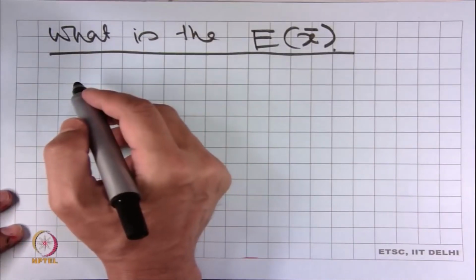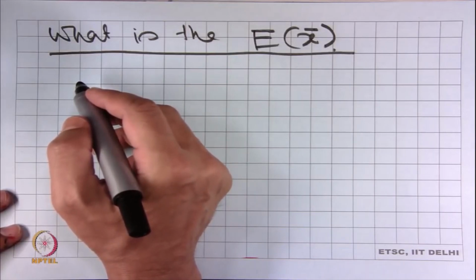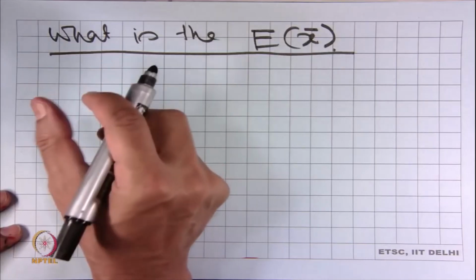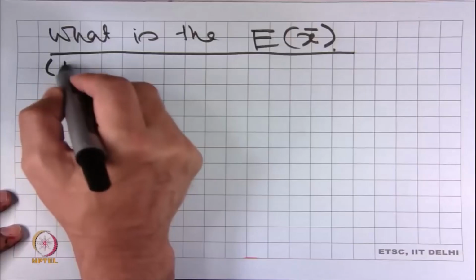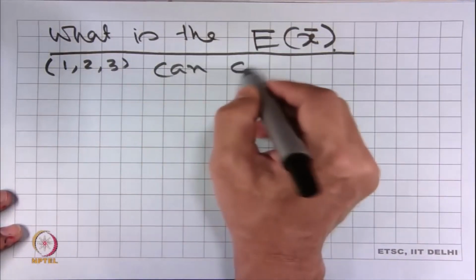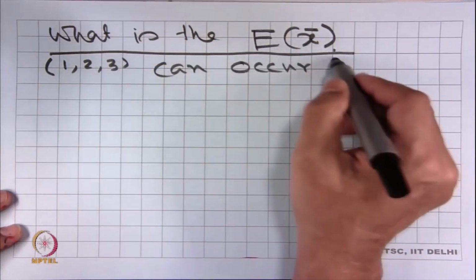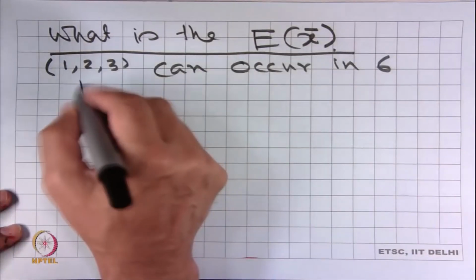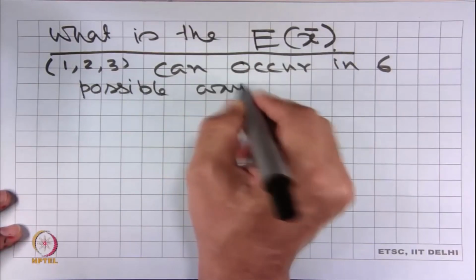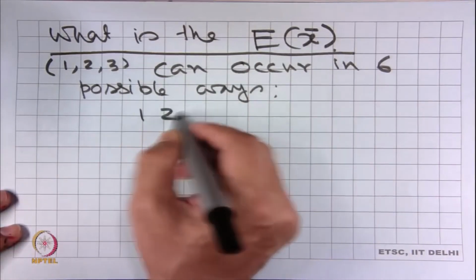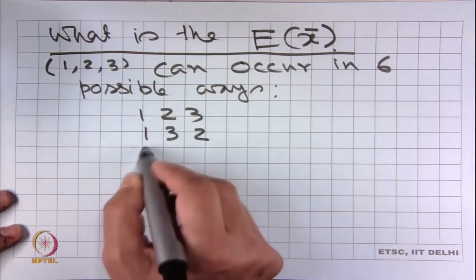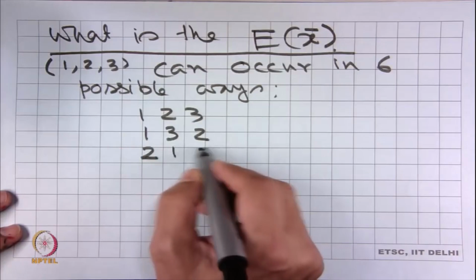We know that when we are sampling without replacement, the same triplet 1, 2, 3, suppose, can occur in 6 possible ways, because of the permutations that we know, but for your clarification, I may take them in these 6 different orders.